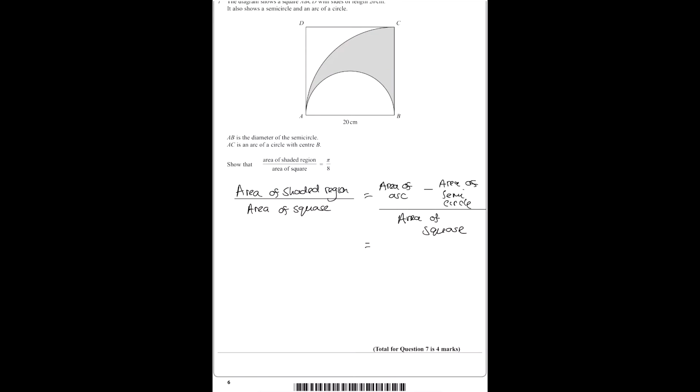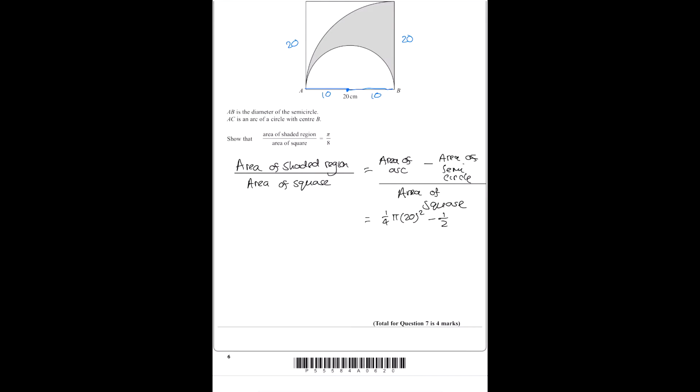And therefore we can figure out what this is. So the area of the arc, well, if we add in here on our diagram, this would be 10, this would be 10, and again, these are all 20. So the area of the arc would be a quarter of the area of that circle.